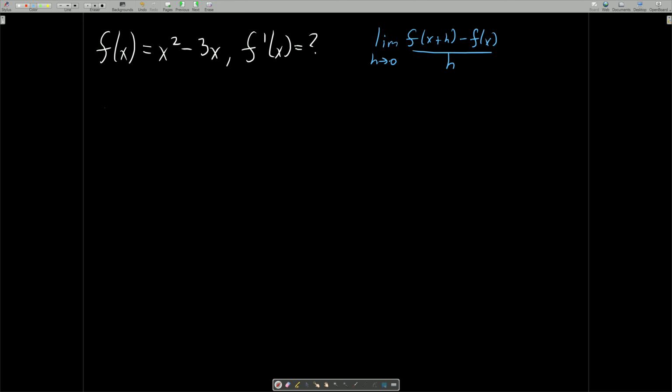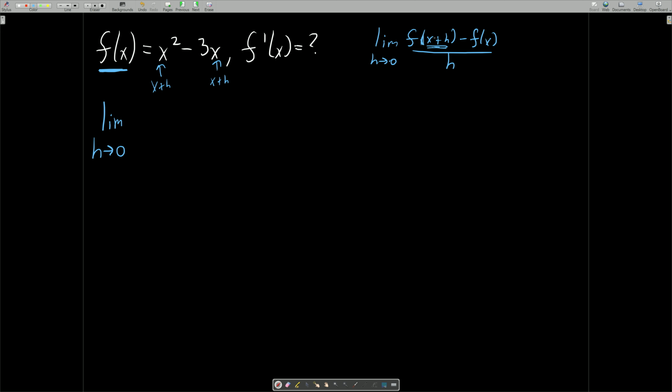We're going to actually have to plug in the numbers and do some math. So the first step is to replace your f of x plus h and your f of x. So we have our f of x right here. Now what do we do for f of x plus h? You replace all the x's with x plus h.